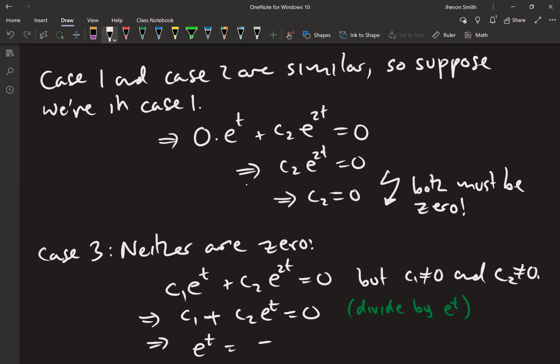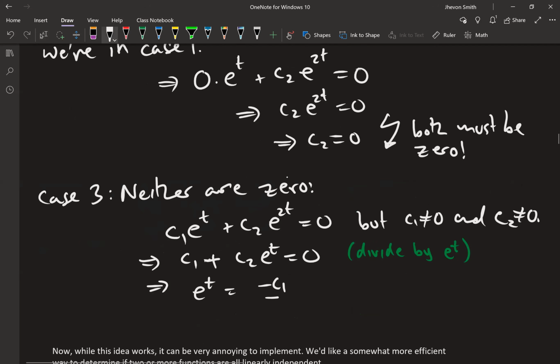E to the t is going to be minus c1 divided by c2, which is a constant. Now, of course, that doesn't make any sense. It's e to the t. E to the t is not a constant. If I pretend that there are non-zero solutions for both of them, I would end up with the conclusion that the exponential function is a constant function. That doesn't make any sense.